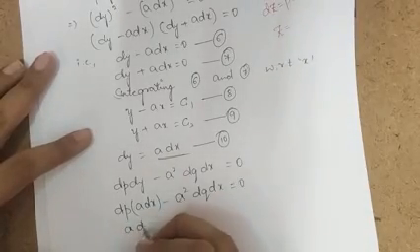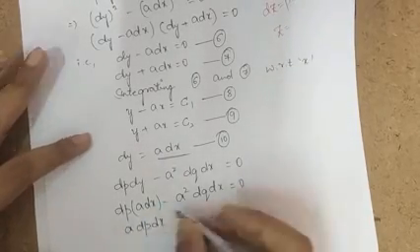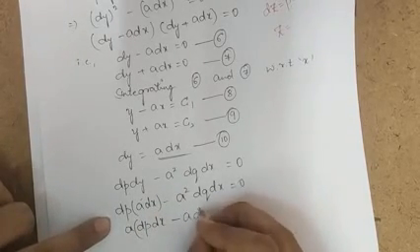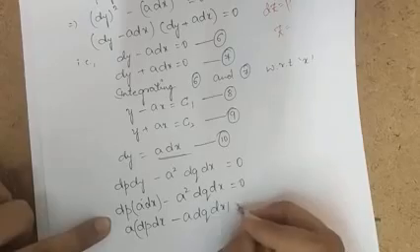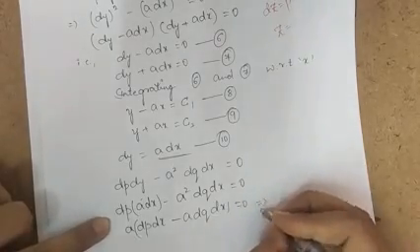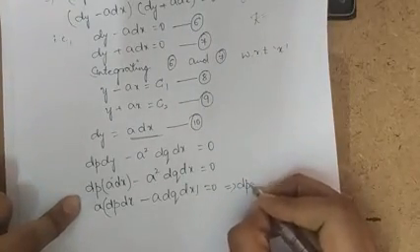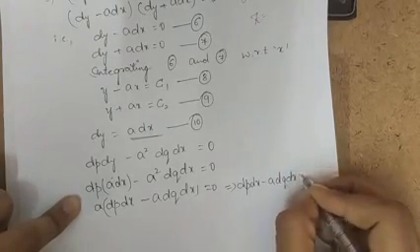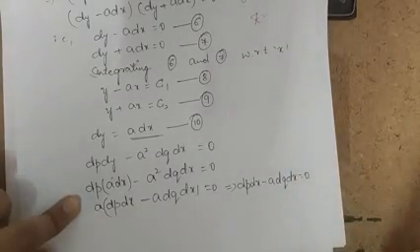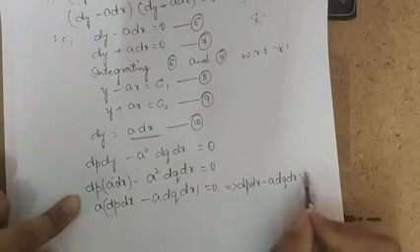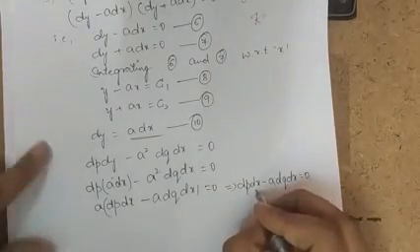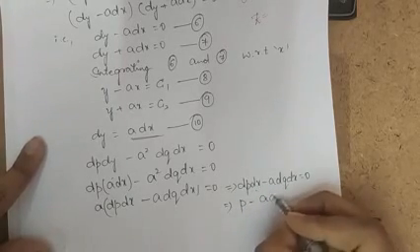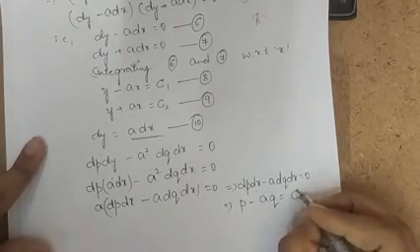Take a common: dp dx minus a into dq dx is equal to 0. So now on integrating this with respect to x, I will get p minus a into q is equal to some constant c3.